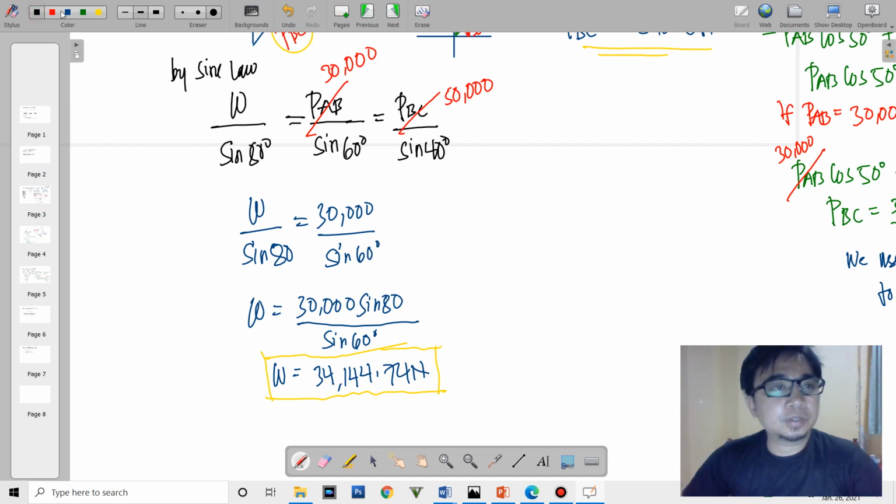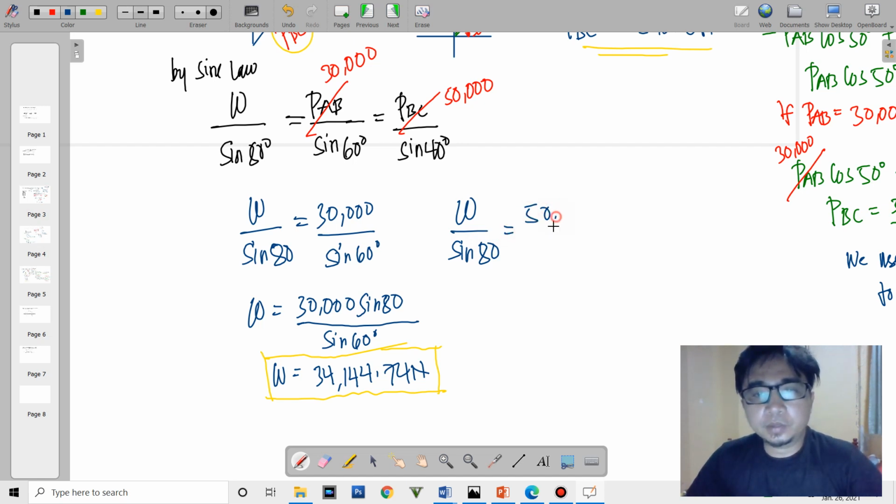So we can check that if we're going to pair the other side on it. What if 50,000 prevails? W over sine of 80. So we pair this to this side. So 50,000 over sine of 40.